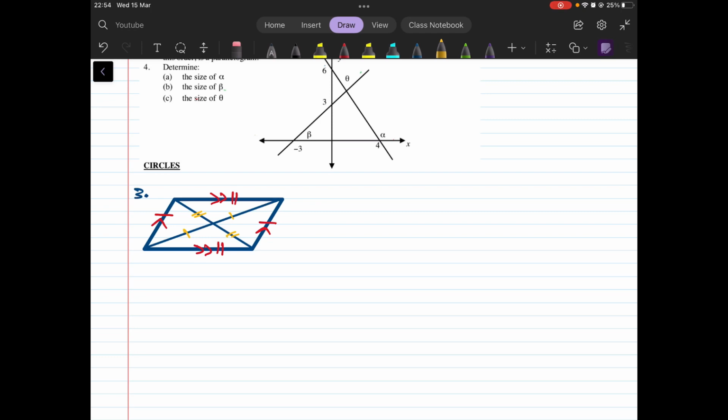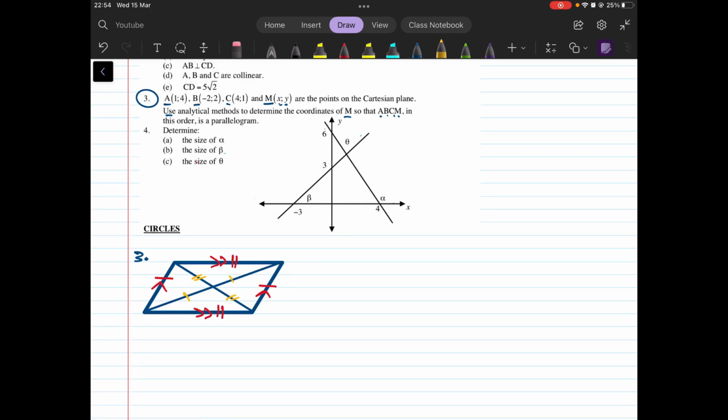By that, it basically just means that this is equal to that, and this is equal to that. We need to label the vertices of this parallelogram using what we are given: A, B, C, and M. As long as you follow the order you have been provided, you are fine. Don't worry about where A is or where B is; it doesn't affect anything at this point.